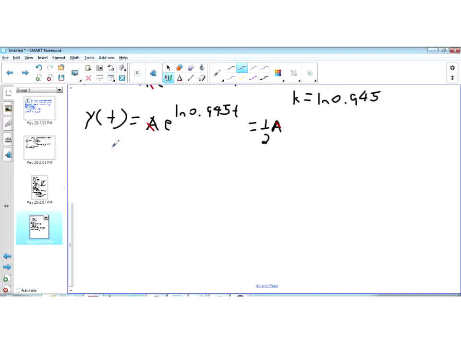And so in solving for t, we can go ahead and take the natural logs of both sides. So we have the natural log of 1/2 is equal to the natural log of e to the natural log of 0.945 t. Let's see what we have here.